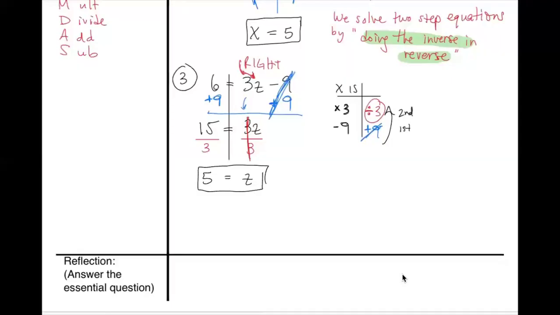The inverse in reverse. Let's try these two problems on your own. 4 and 5. Let's do 4x minus 1 equals 15.